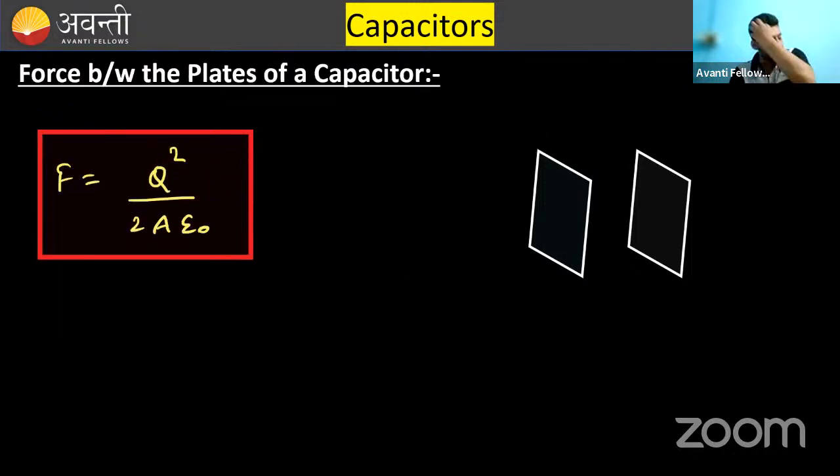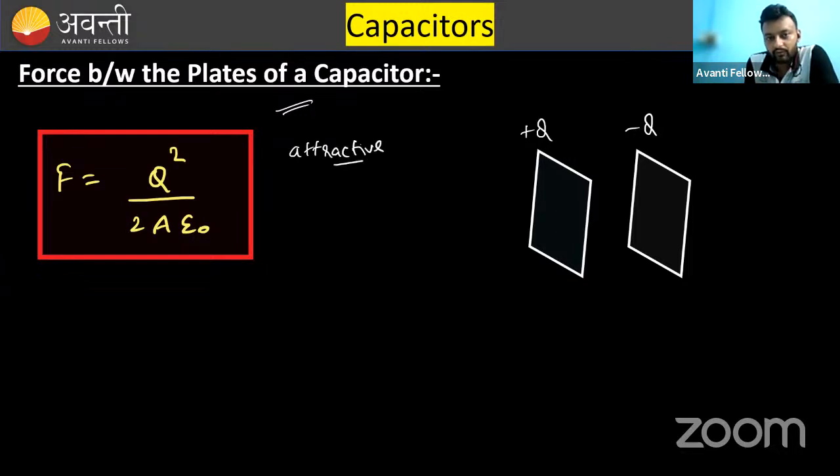Moving further, the next thing, which is very important, is the force. This question is directly asked a lot of times. This is plus Q, this is minus Q, and they are asking what will be the force between the plates, how much force the plates will exert on each other. This is the positively charged plate, this is the negatively charged plate, so the force will be of attractive nature.